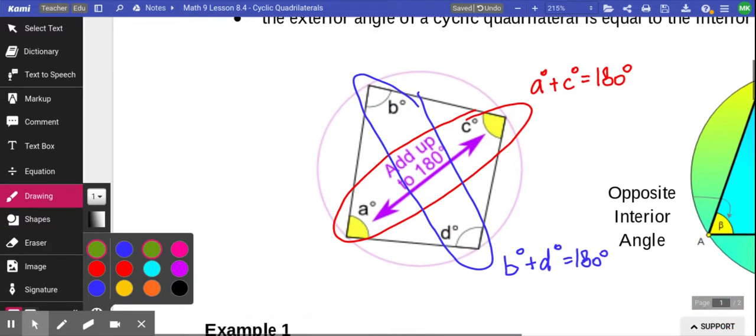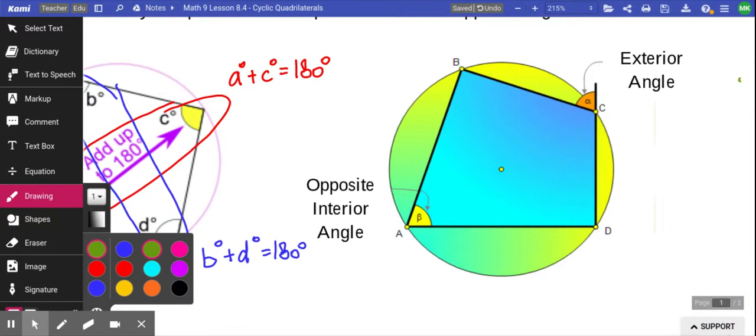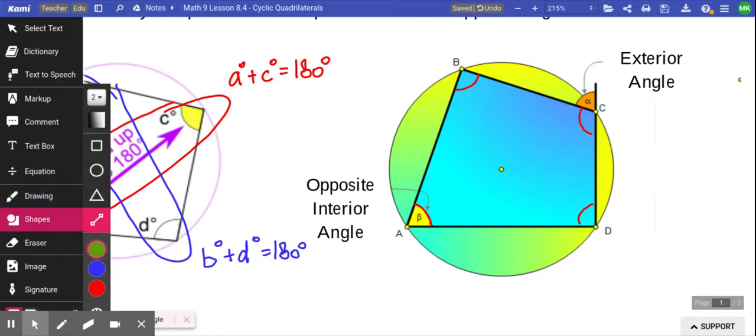The next rule has to do with something called an interior angle and an exterior angle. Interior angles are angles that are inside of the quadrilateral. So for instance, this is an interior angle, this is an interior angle, this is an interior angle, and this is an interior angle. Exterior angles are angles that are created by extending the lines and making an angle outside of the quadrilateral.